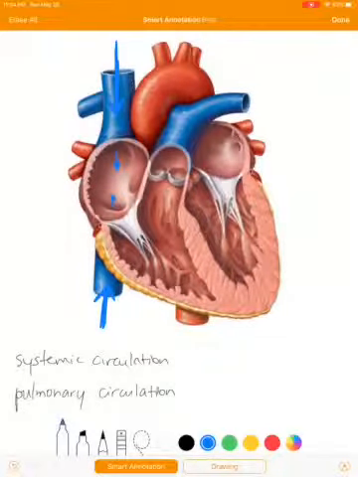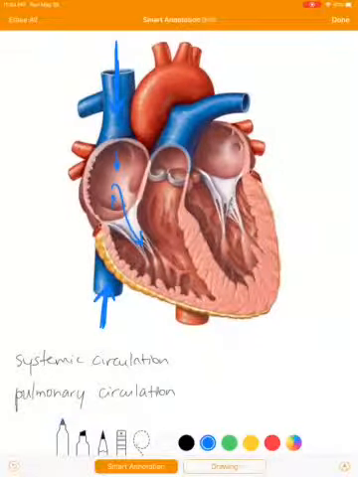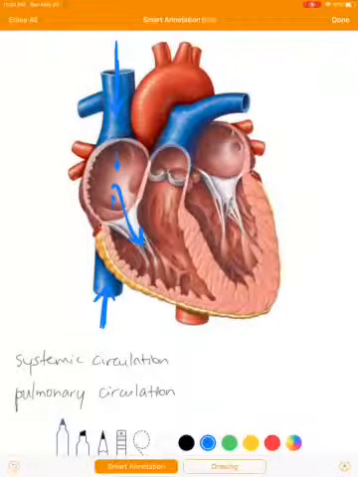And once that blood travels into the right atrium, the next place that it's going to go is through this valve that we mentioned earlier called the right AV valve. So this valve will open up and that blood will pour from the right atrium into the right ventricle, which is here.